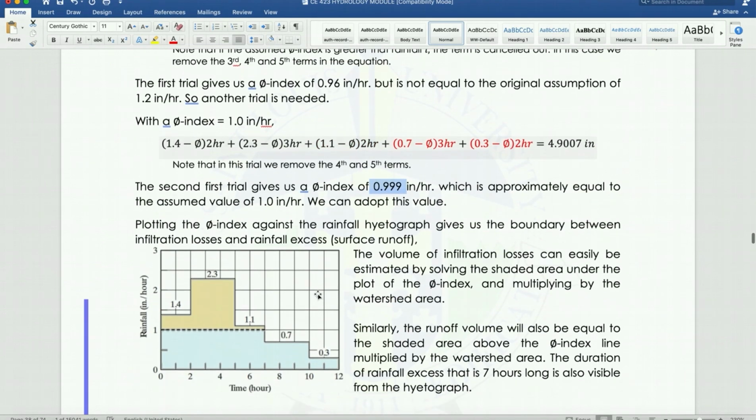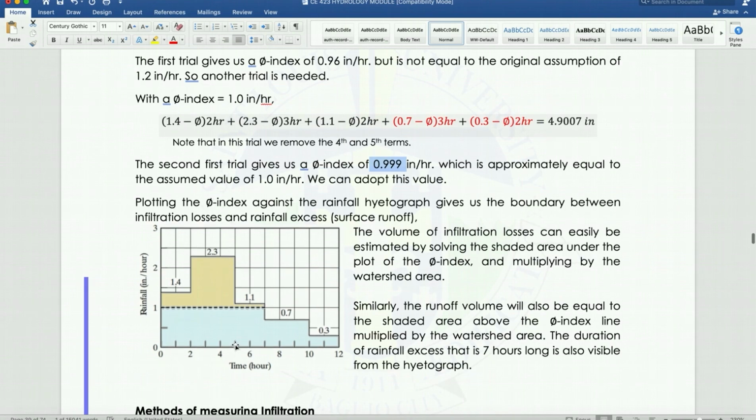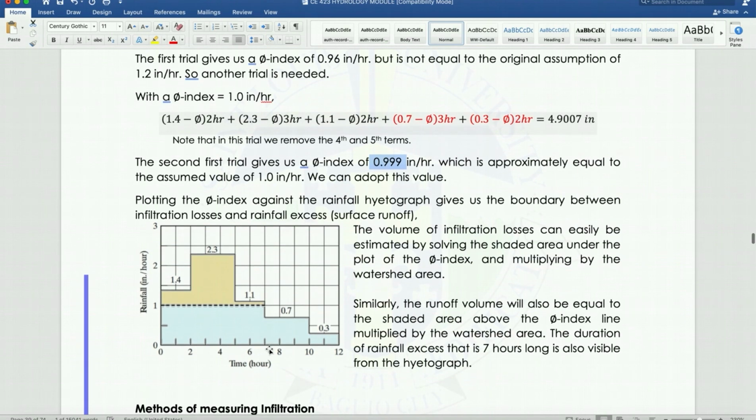So, ipa-plot natin yan. In the first 2 hours, it is 1.4. From 2 to 5, it is 2.3. From 5 to 7, it is 1.1. From 7 to 10, it is 0.7. And from 10 to 12, it is 0.3.